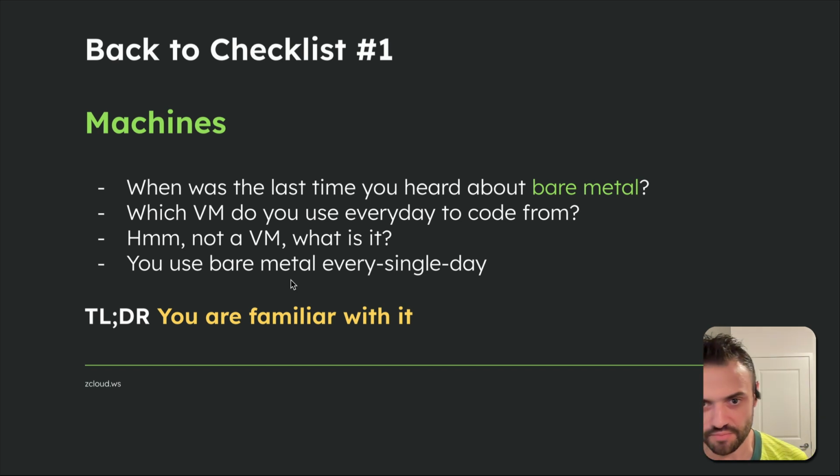Why am I saying that? Because I think a lot of developers, when you talk about bare metal, when you talk about renting a machine from a data center, a real physical machine that has an IP, that has a network board connected with a cable, sometimes we forget about all this, but it's very basic. We do this every single day with our own machines. It's not like a different species.